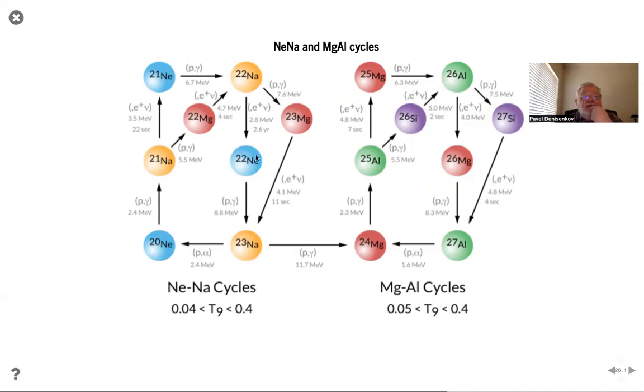This reaction can go even on the main sequence because it's a resonant reaction; I'll explain this later, though some of you know what a resonant reaction means. Also some reactions of magnesium-aluminum cycles, for instance magnesium-25 (p,γ), can go in massive stars. But this doesn't mean that the entire neon-sodium-magnesium-aluminum cycles operate in massive main sequence stars. They can operate in later evolutionary phases when the temperature becomes much higher.